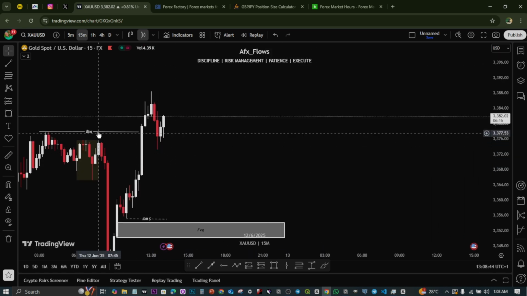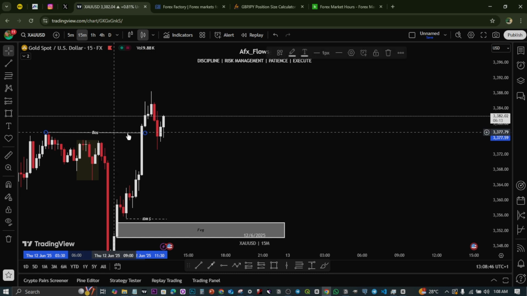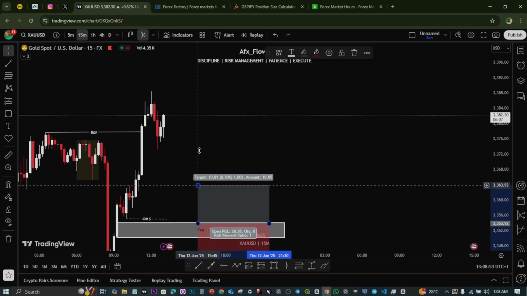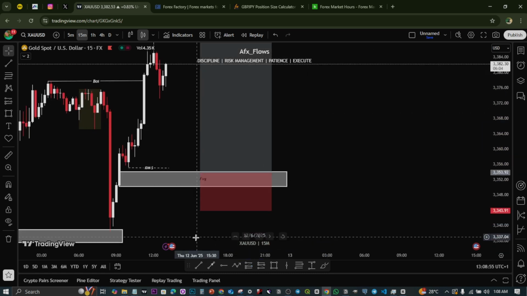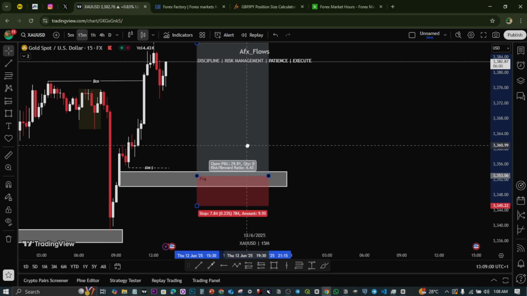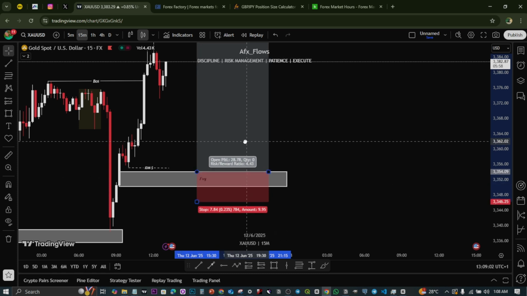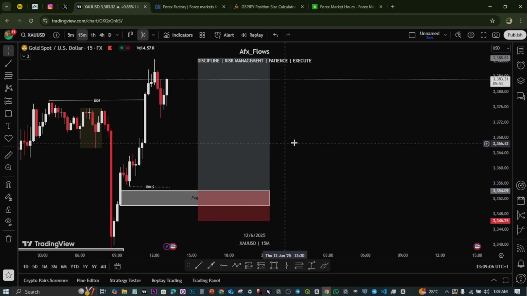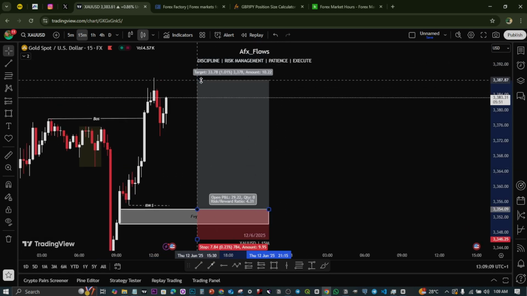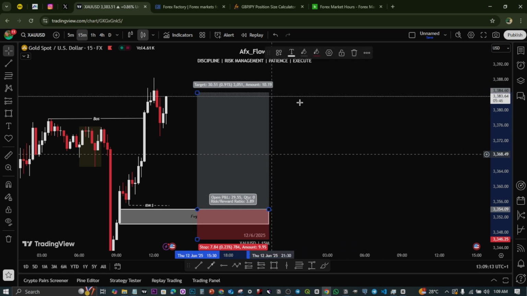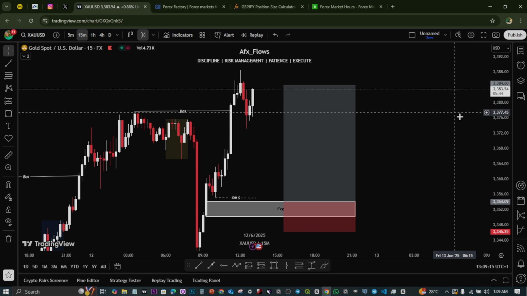So basically I'm taking my trade from here, targeting this high, then my stop loss will just be a little bit below this low here. That's where I'm taking my good trade from. So this is 1:4. Let's just put 1:3. So I'm just waiting for gold here.